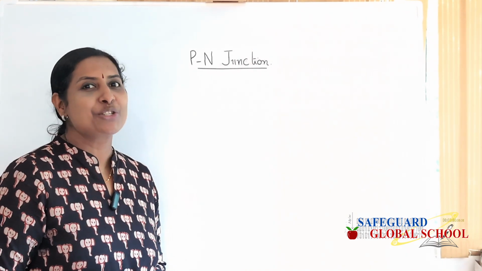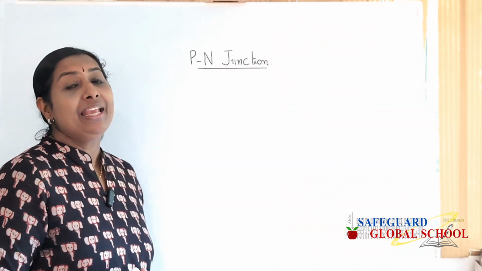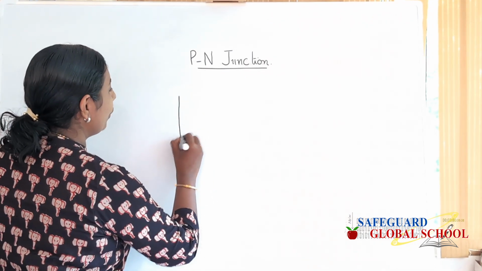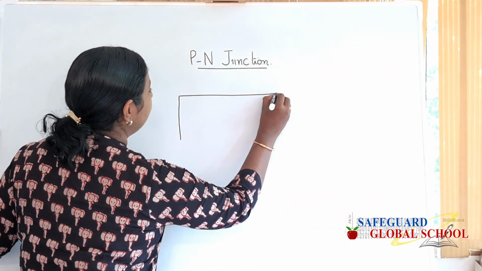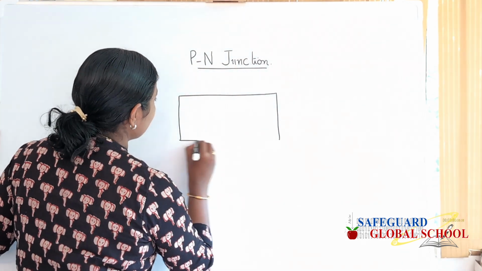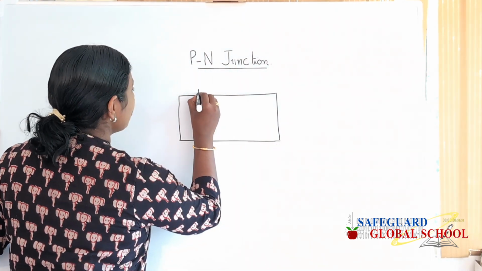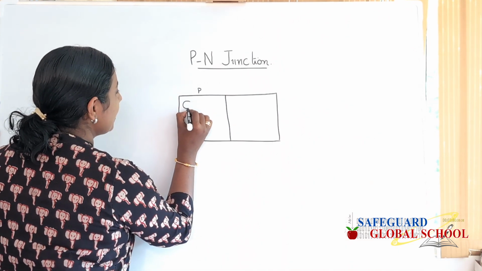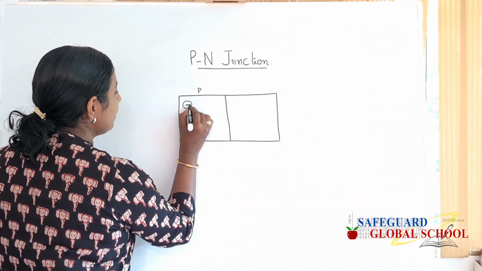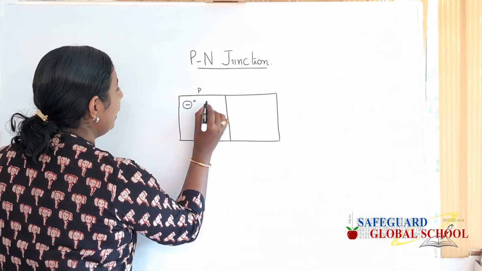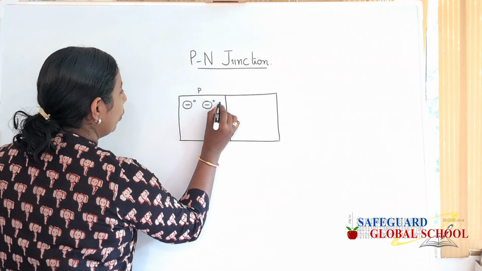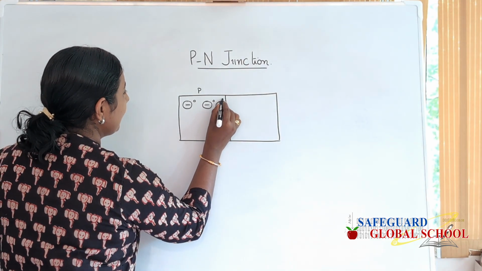So let us study the formation of a PN junction. Let us draw a PN bar. How can we draw it? Do you remember how we draw a P-type semiconductor and an N-type semiconductor? On the P side, we know that it's an acceptor. It is a negative atomic core with a hole. You have studied it in the last class. It's equally spaced.